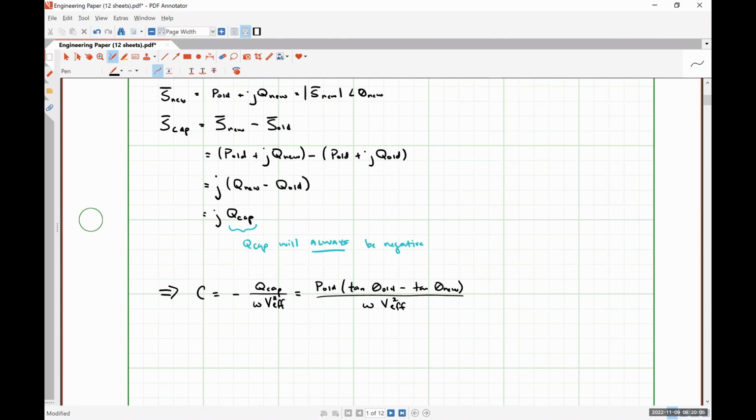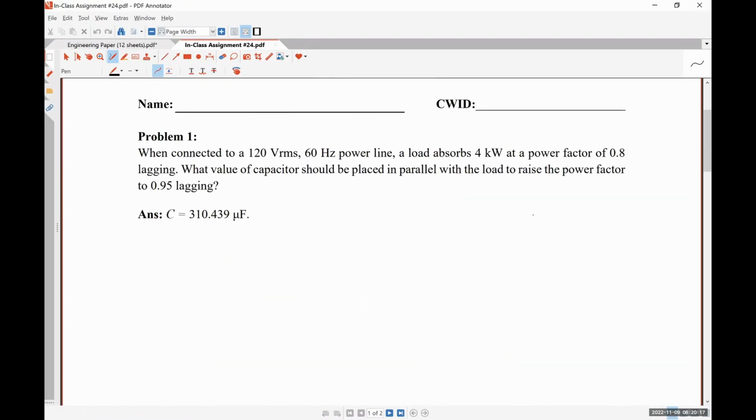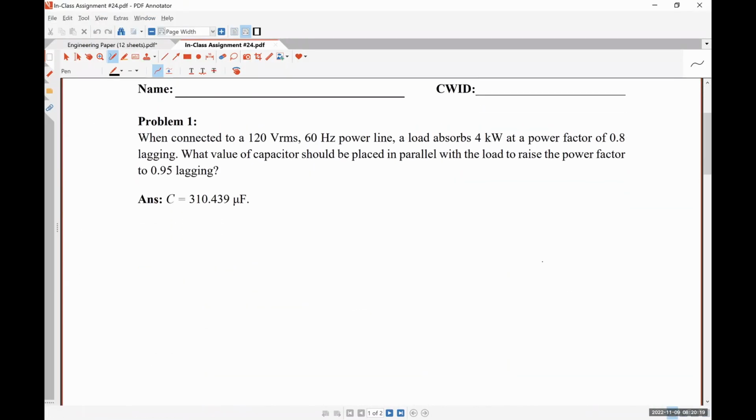So let's look at your in-class assignment. This is number 24, right? So when connected to a 120 volts RMS 60 hertz power line, a load absorbs 4 kilowatts at a power factor of 0.8 lagging.